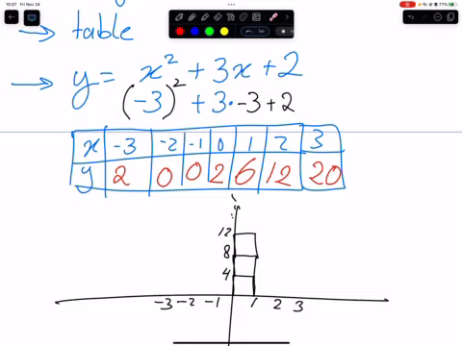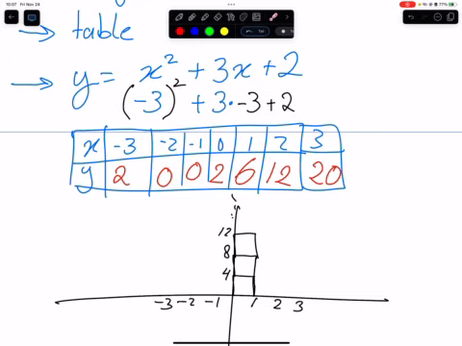What do you mean? Choose my equation. Yes, 3 is correct. I choose my x values. These are my x values.